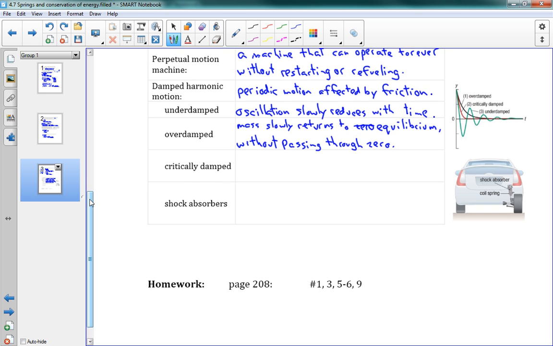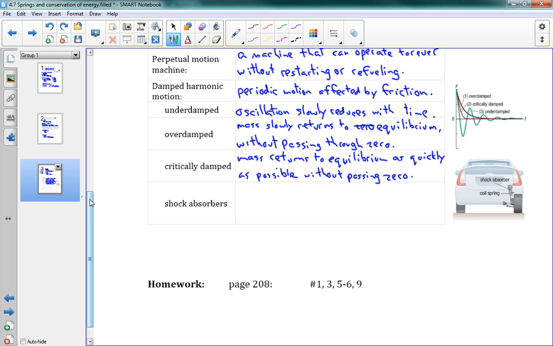And then halfway between those, somewhere in the middle, is this critically damped, where the mass returns to equilibrium as quickly as possible, without passing zero. And so in the picture to the right there, that's line number 2.